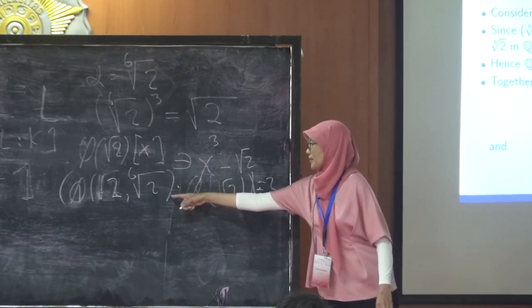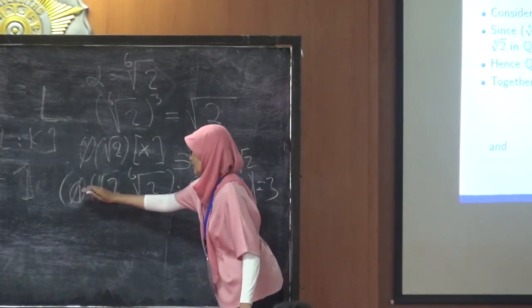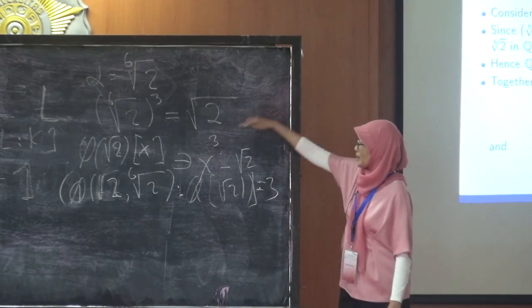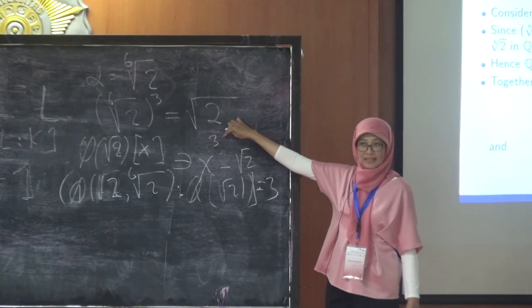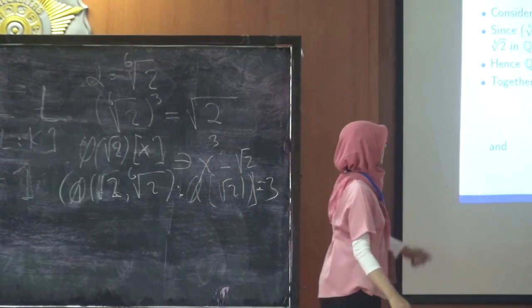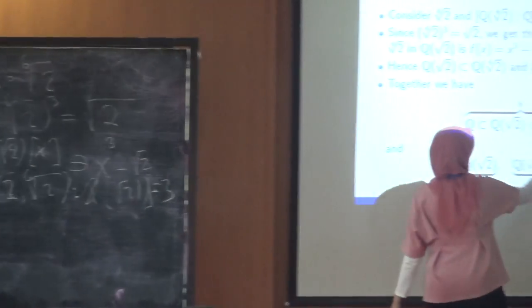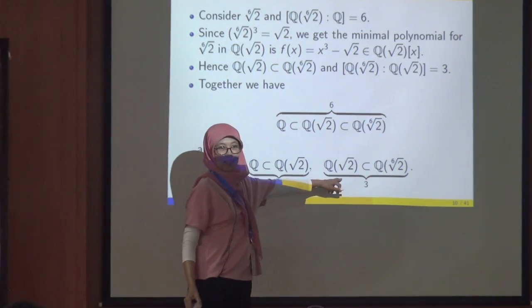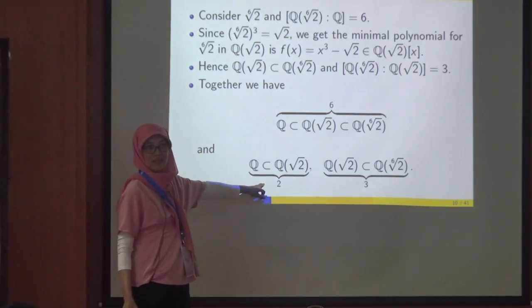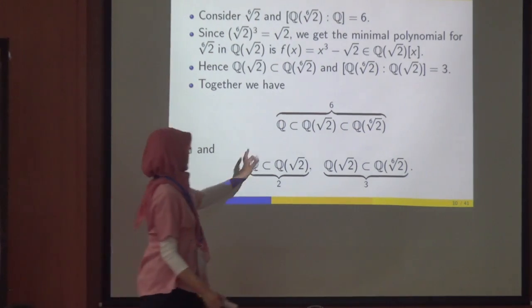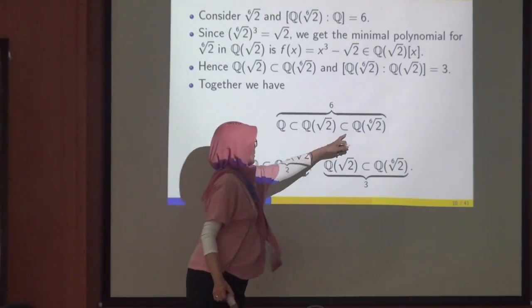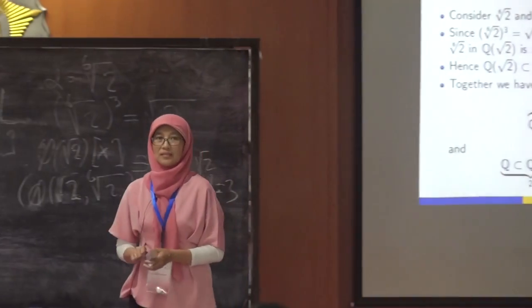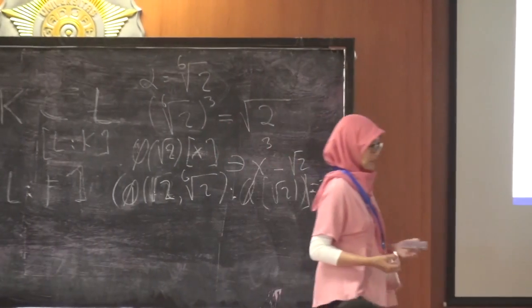So the dimension of the extension field of this one is 3, because the minimal polynomial is degree 3. And as you already know, this one has dimension 2. So together from here to here, the dimension, the order or dimension, is 6. So this is the reason.